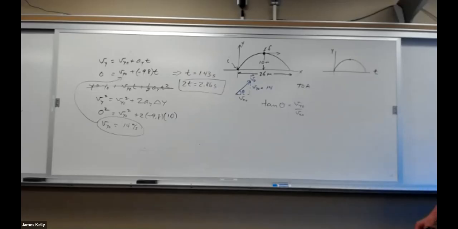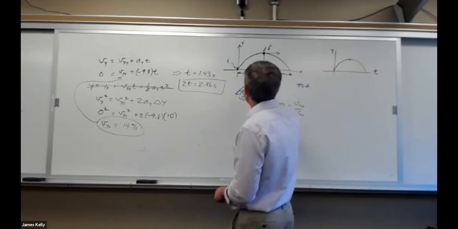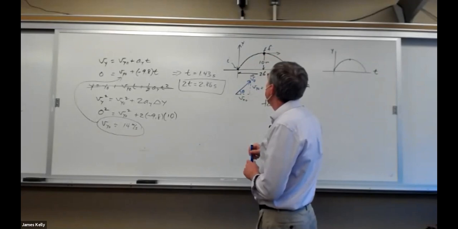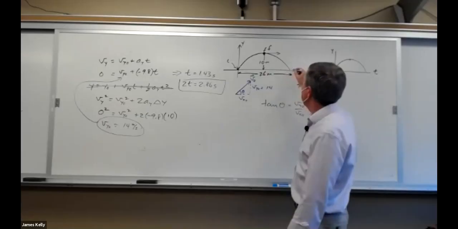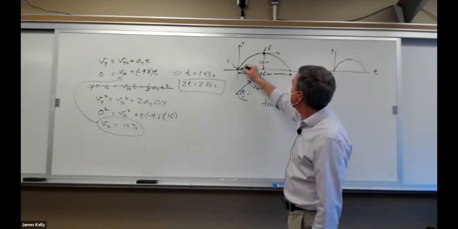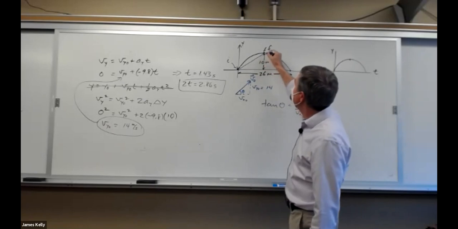Oh, I see what you mean. Yes. Do you mean between my initial and final that I have on here? Because if I go between there and there, there's not much of a triangle I can draw. But if I go between there and there, this is what I was thinking you were saying. Find that angle there.